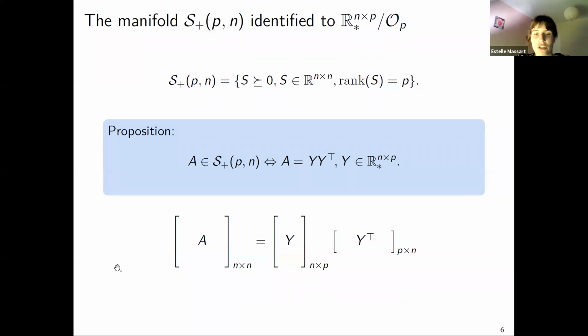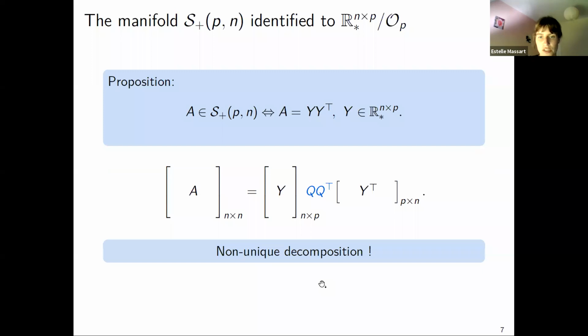And this representation comes from the fact that any PSD matrix A can be written like this. For any PSD matrix A that has rank P, you can factorize it as Y Y transpose, where Y is an N times P, so tall and skinny, matrix with full column rank. I will use this notation, R N times P star, for the set of the possible Y matrices. And of course, this factorization is not unique.